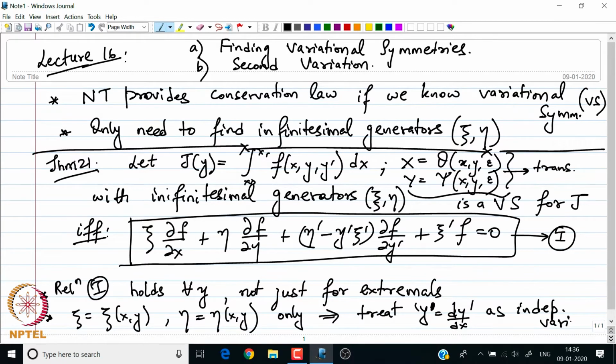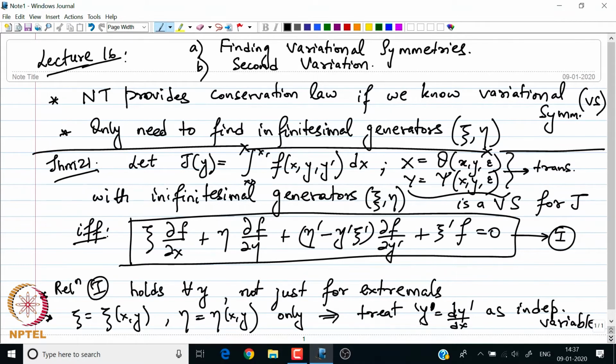So they do not appear in the expression for eta and xi, the infinitesimal generators. All we have to do to get eta and xi is to equate the coefficients of various powers of y prime.